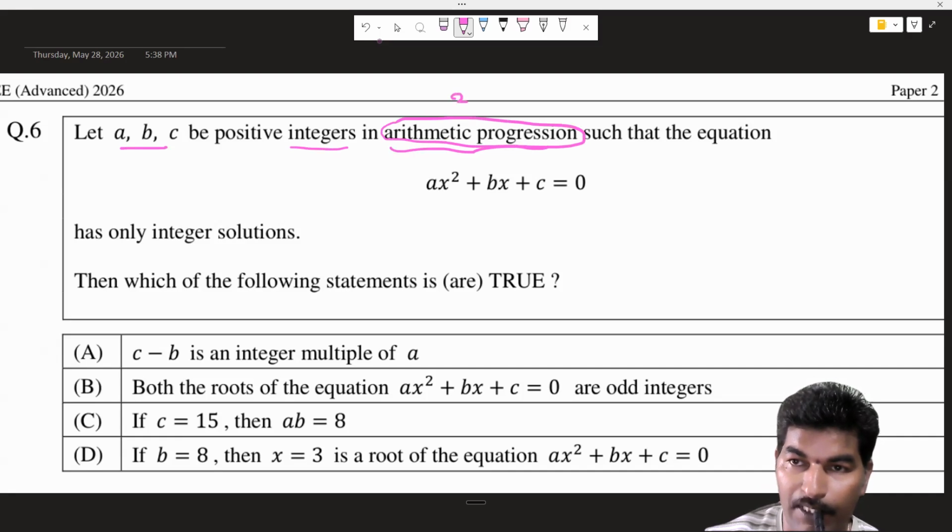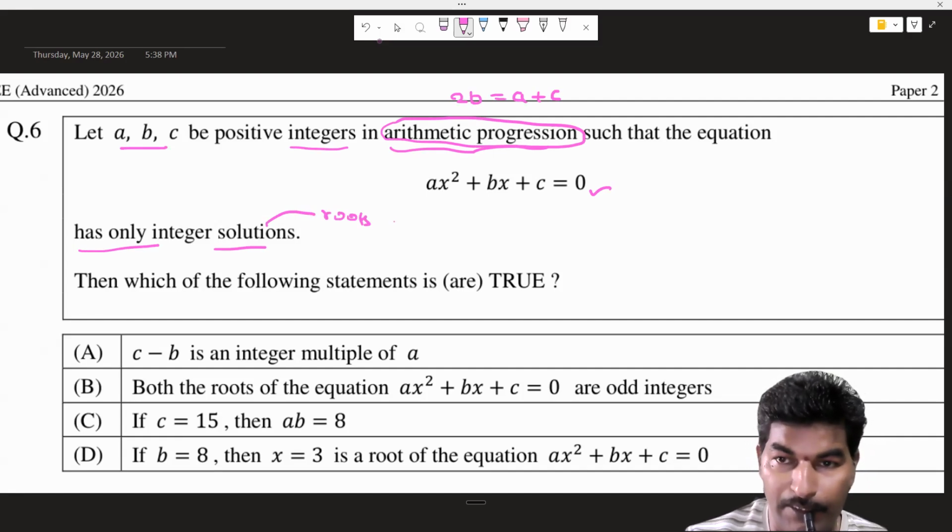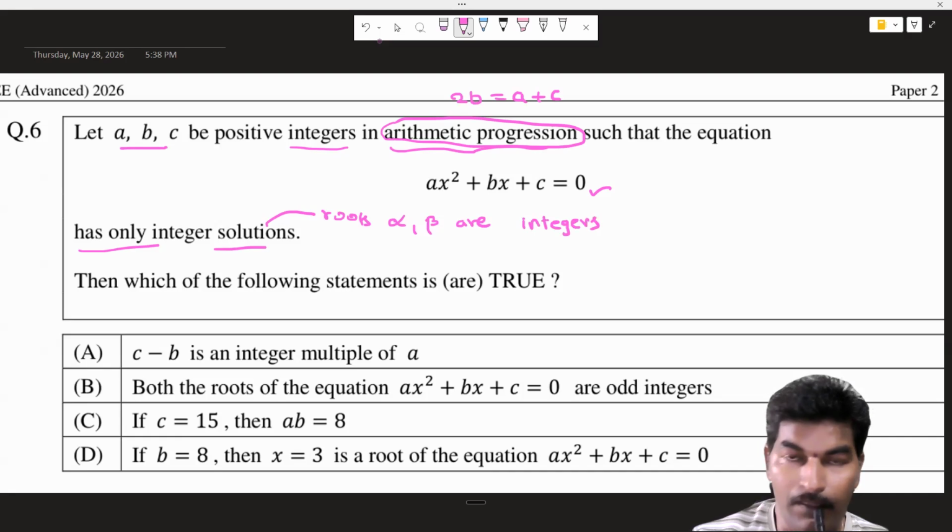If three numbers are in AP, then 2b is equal to a plus c, such that the equation has only integer solutions. That means the roots, for example, take the roots as alpha comma beta. These are integers. Now, which of the following statements are true?